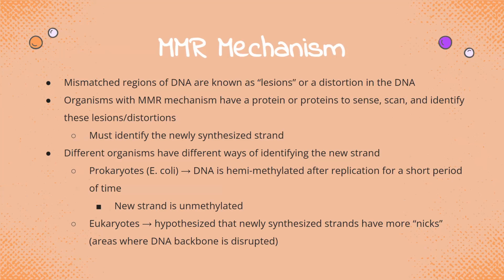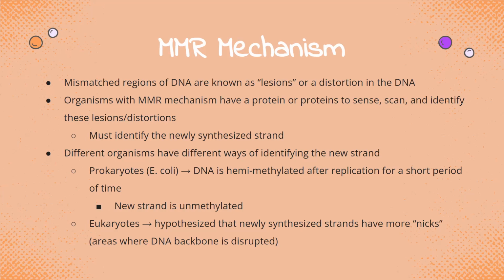I don't know what it's called, but there's one that adds methyl groups along the backbone, and that happens after the strand is synthesized. So when you have a newly synthesized strand, it won't have any methyl groups on it yet. And so that's how you can tell when you're proofreading which one is the new strand that has been mistaken, because it won't be methylated.